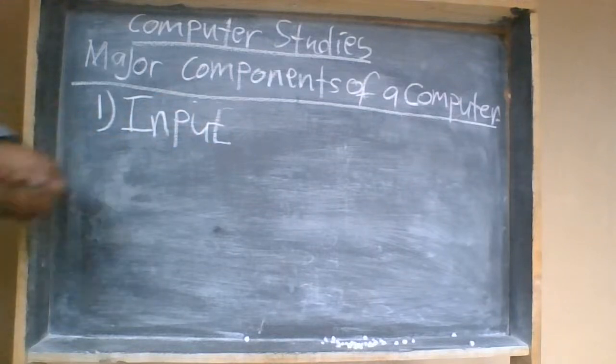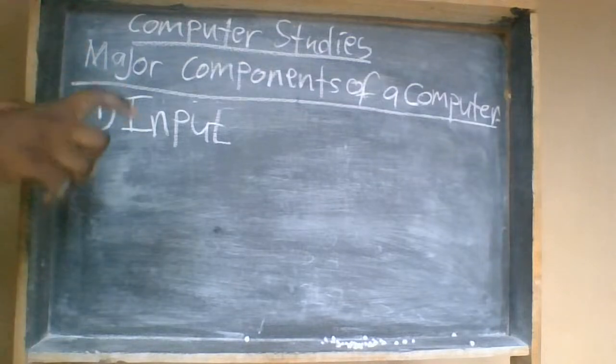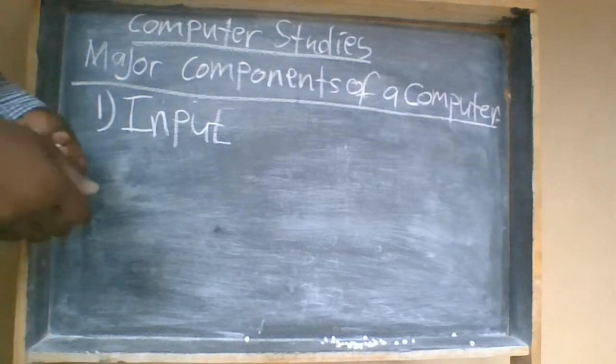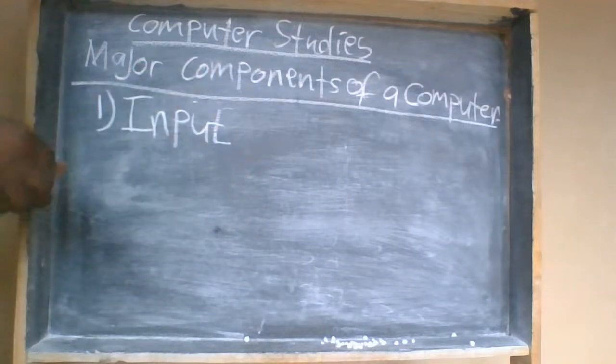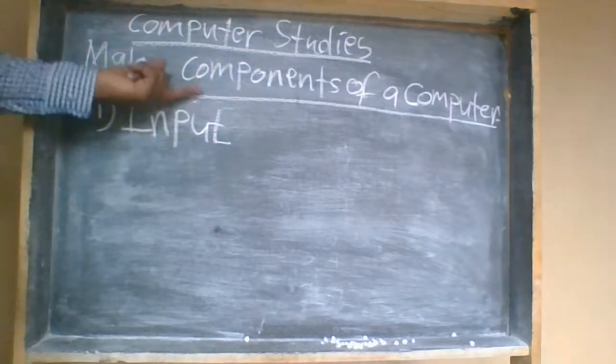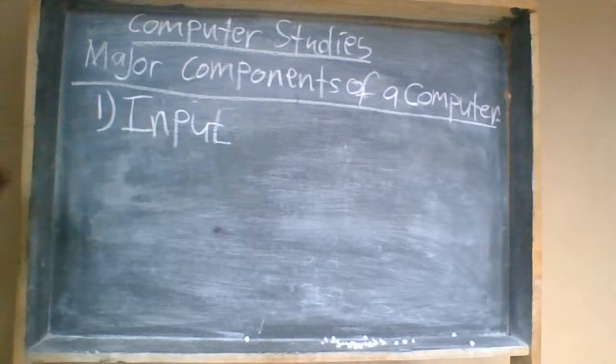I'm sure we know what a component is: a small part of a whole which helps that whole to achieve a particular purpose. So one of the major components of a computer is input.